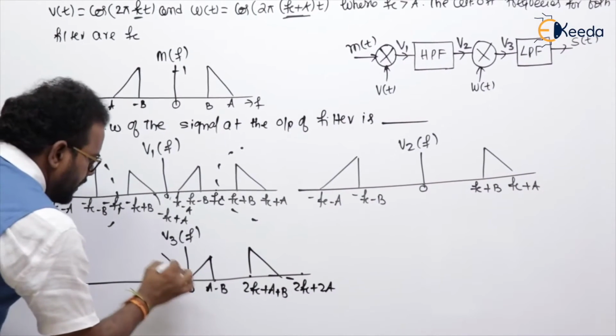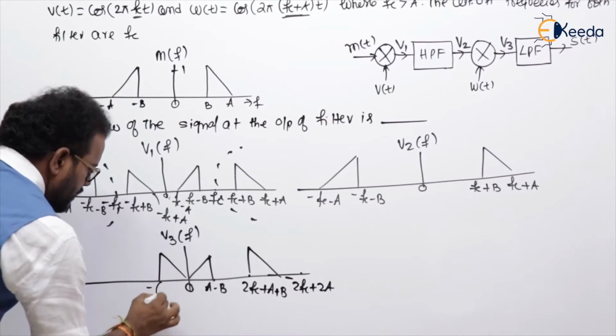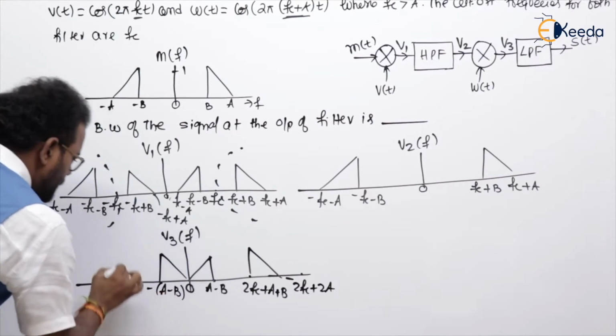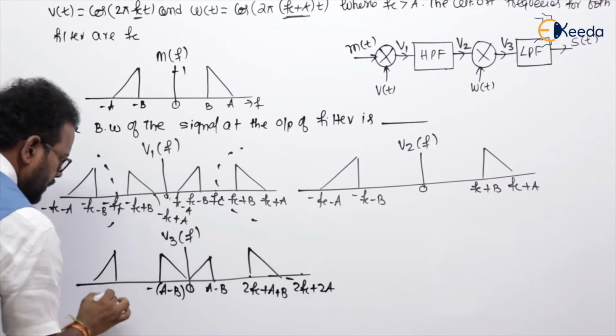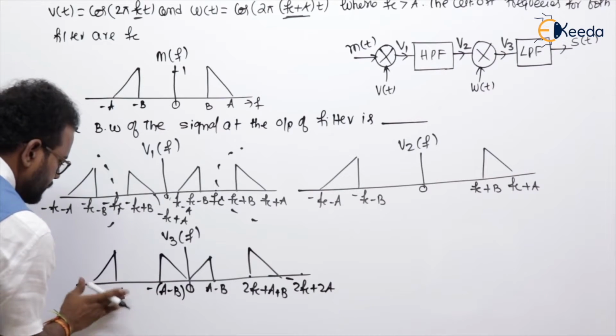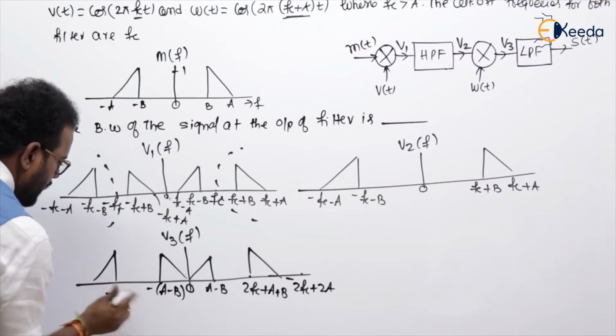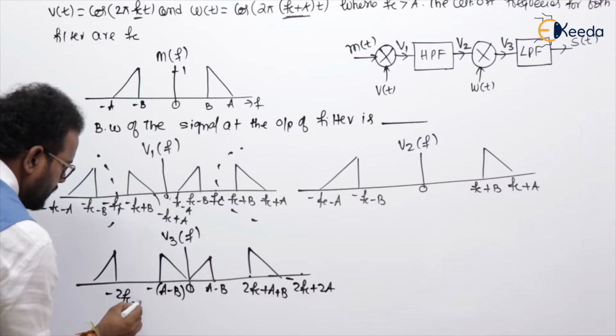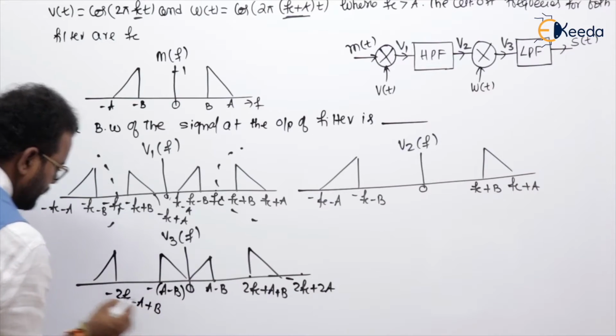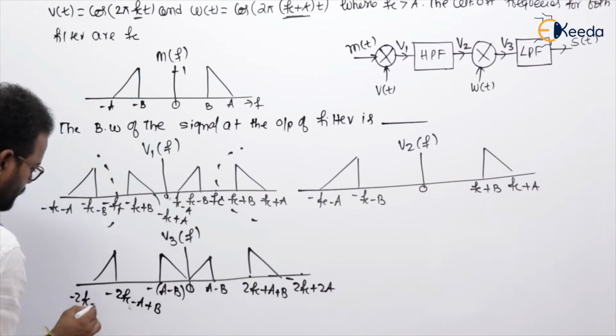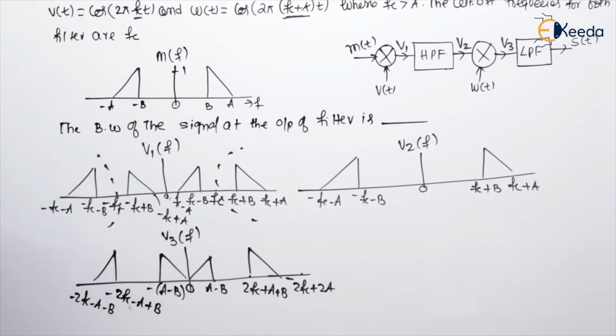The same thing will be on the negative side: minus of a minus b, minus 2fc minus a plus b, minus 2fc minus a minus b.